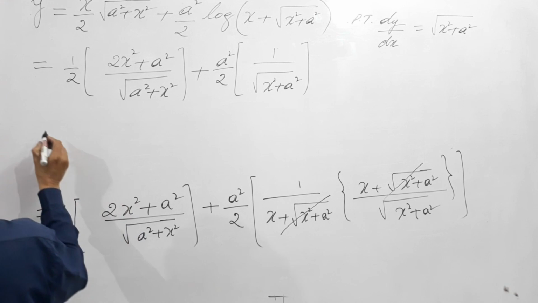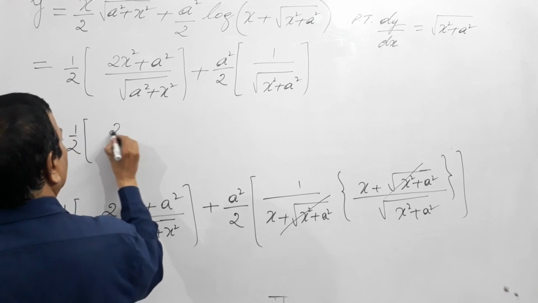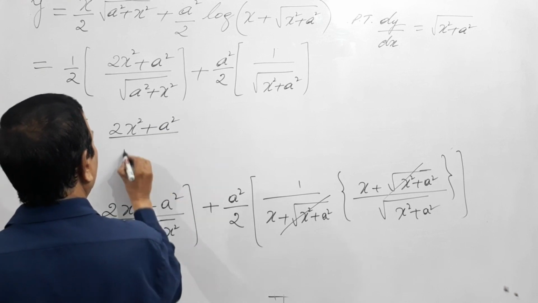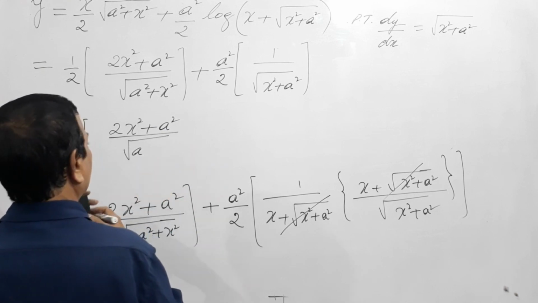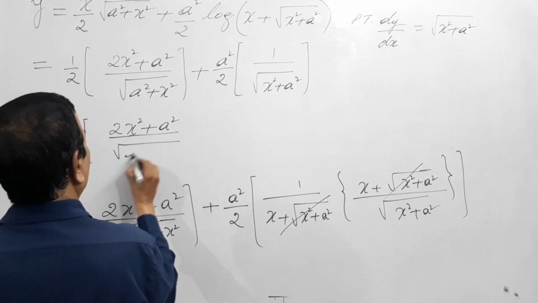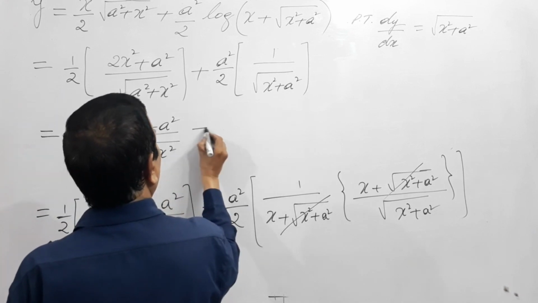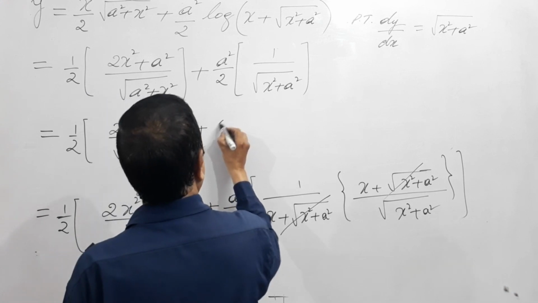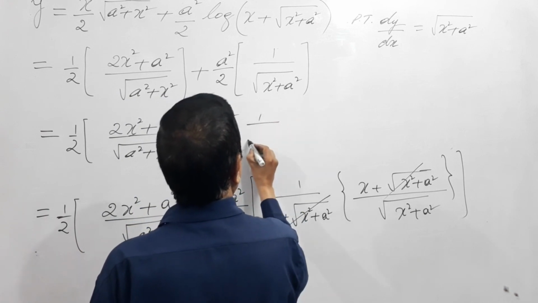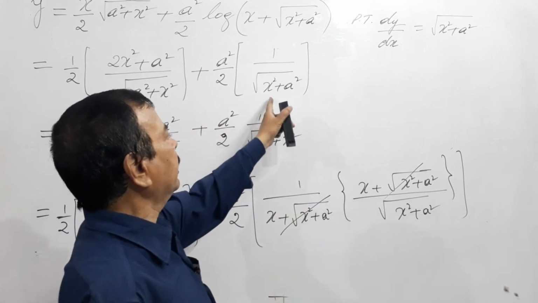So dear students, what I'll do here is I'll write this half, this is 2x square plus a square by under the root a square plus x square, plus a square by 2 into, I will rewrite this as a square plus x square.